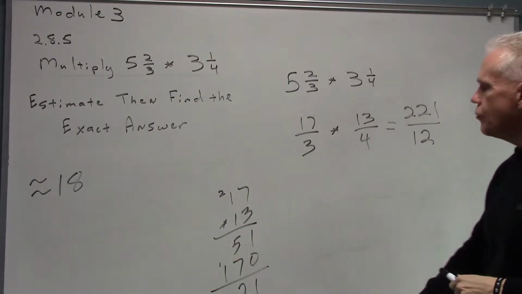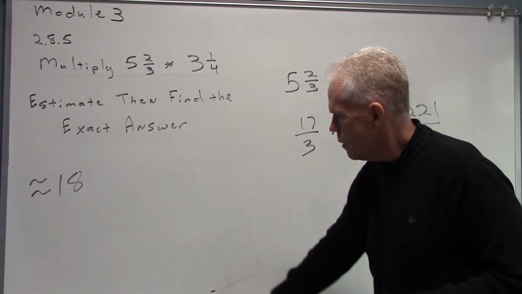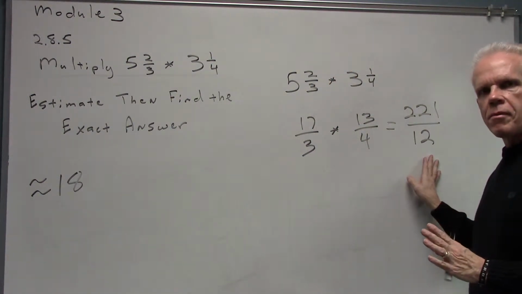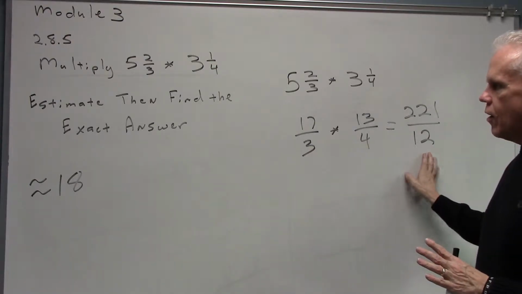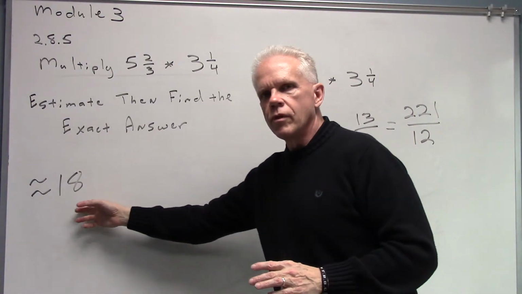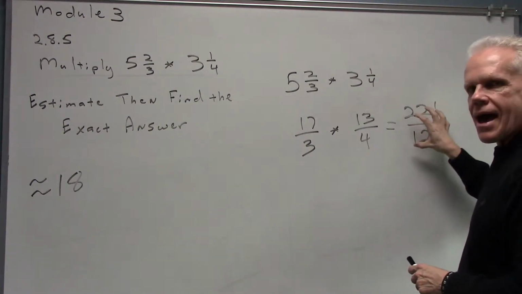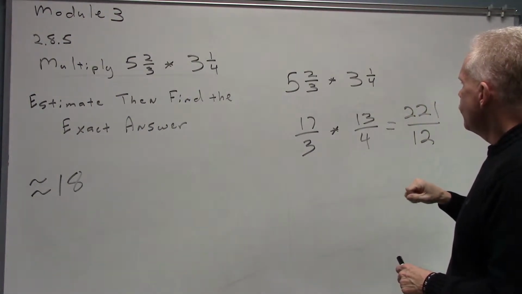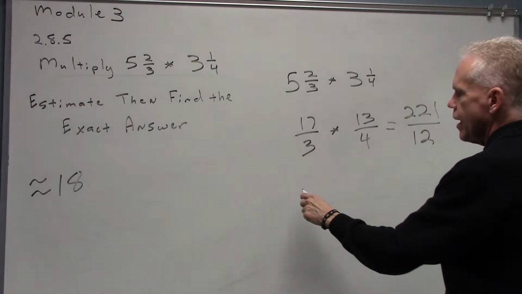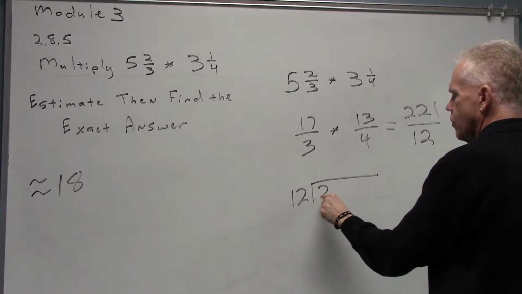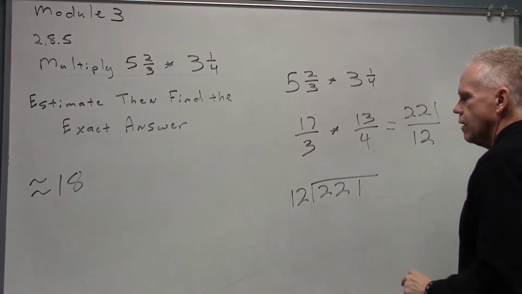So we're getting 221 over 12. Now, that's probably correct, but it's really hard to tell if it's close to our estimate, so let's change that improper fraction back to a mixed number by doing 12 into 221.